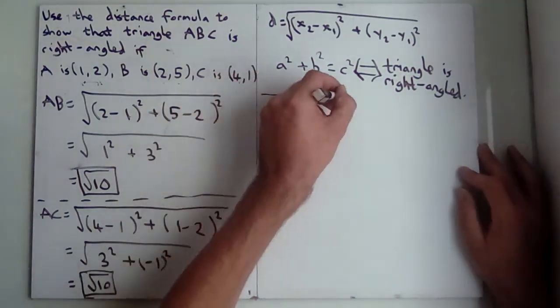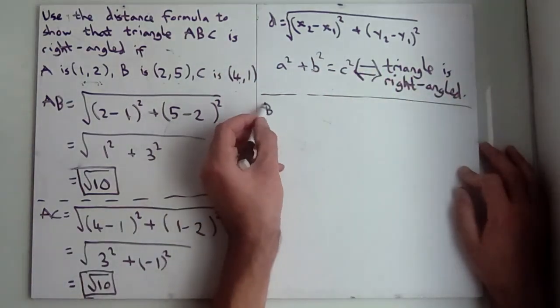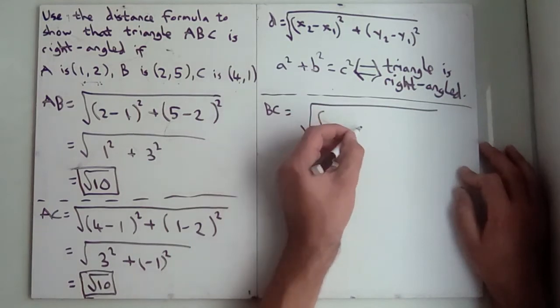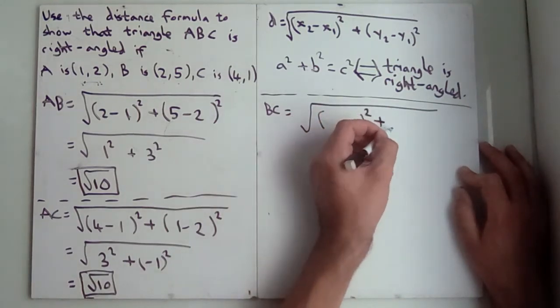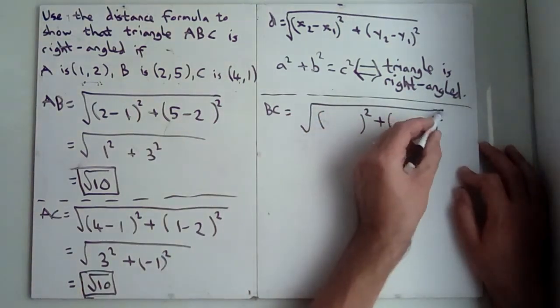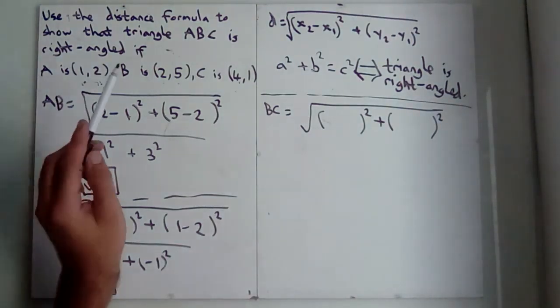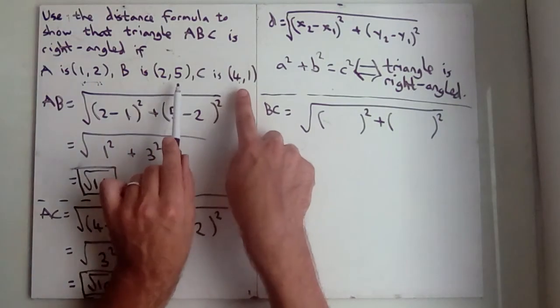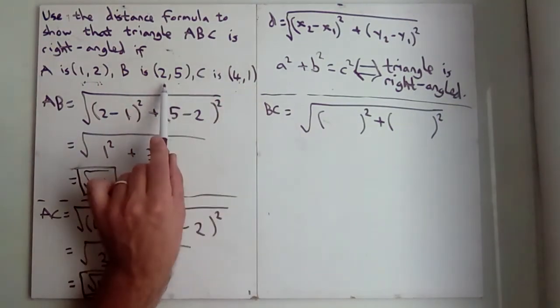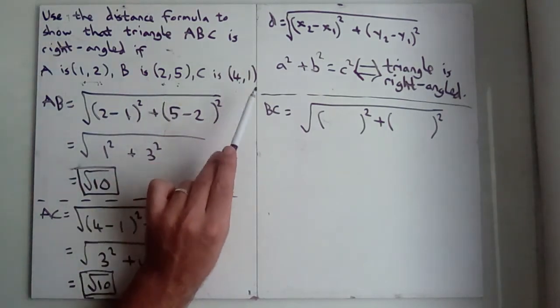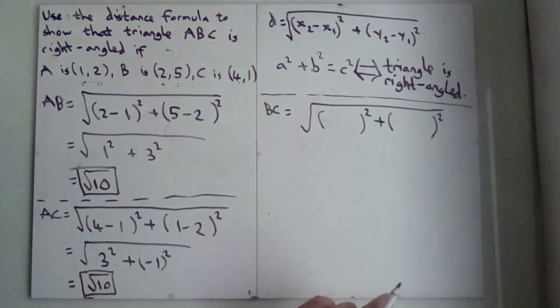So let's do that. BC equals the square root of something minus something squared plus something minus something squared. For BC, we're going to use these 2 sets of points. So I'm going to use the 2 as my x1, the 5 as my y1, the 4 as my x2, and the 1 as my y2.